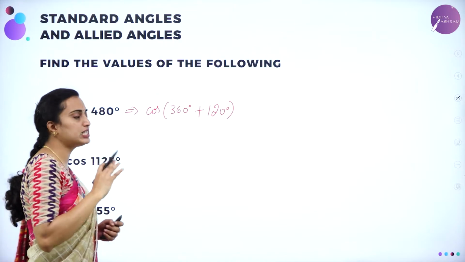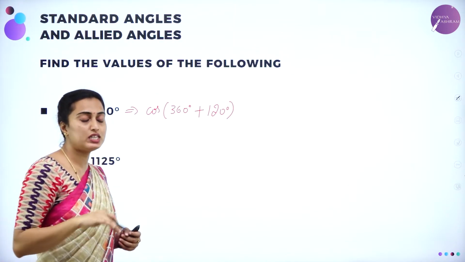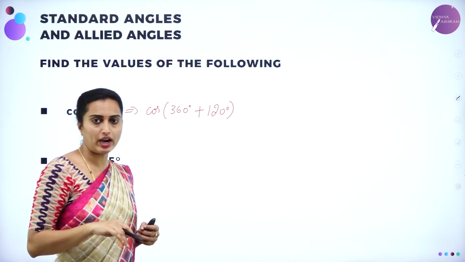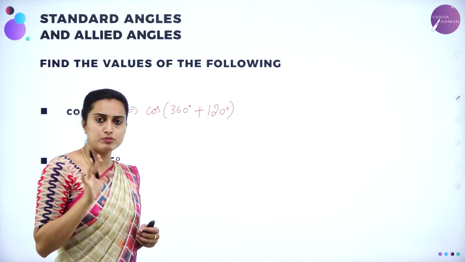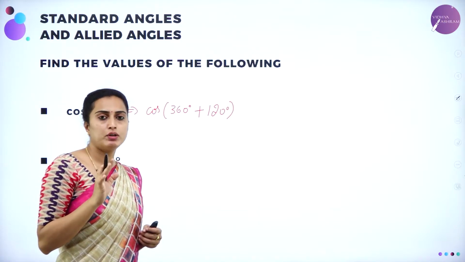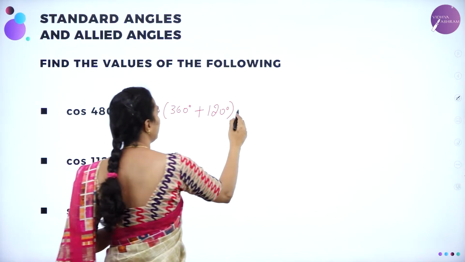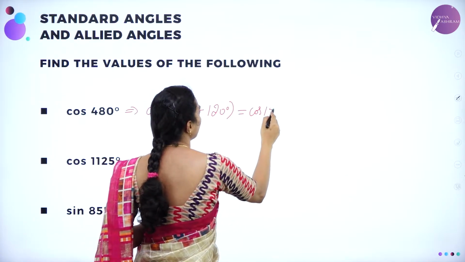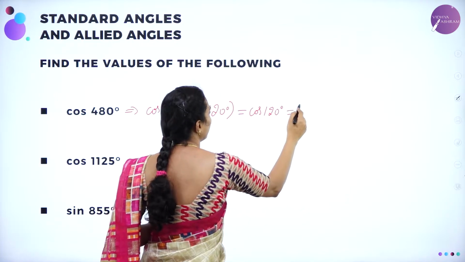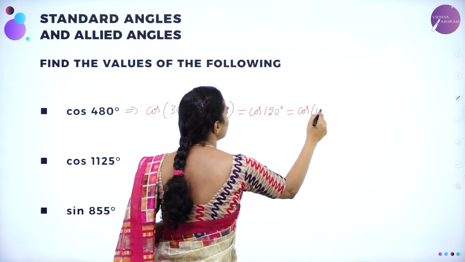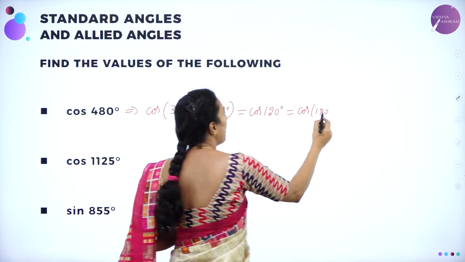Now cos of 360 plus theta falls in the first quadrant, and cos will always be positive. It will be cos itself. Therefore it is equal to cos 120 degree. Now cos 120 degree can be written as cos of 180 minus 60 or 90 plus 30.